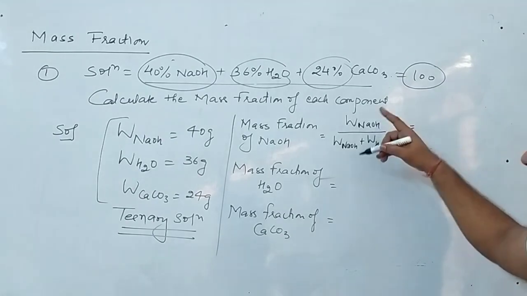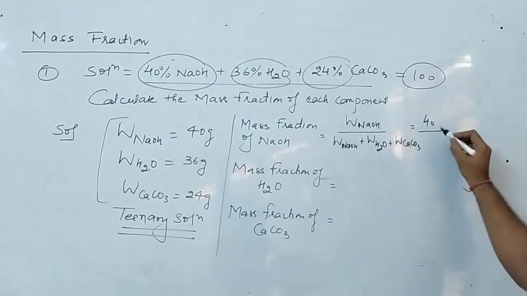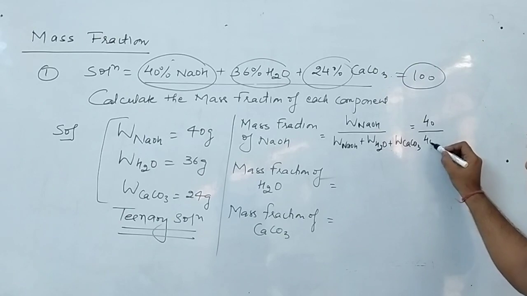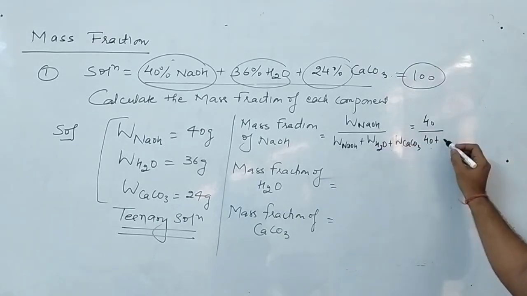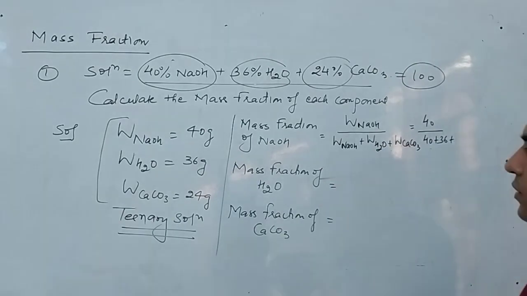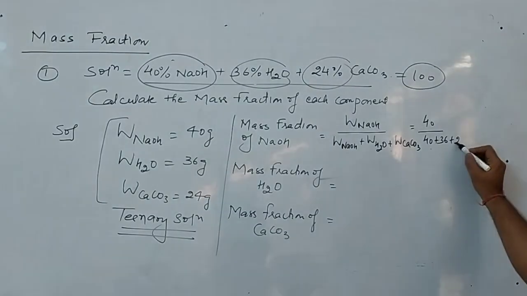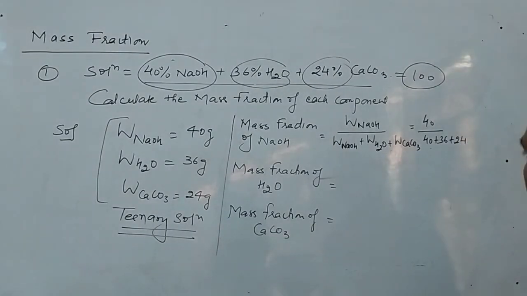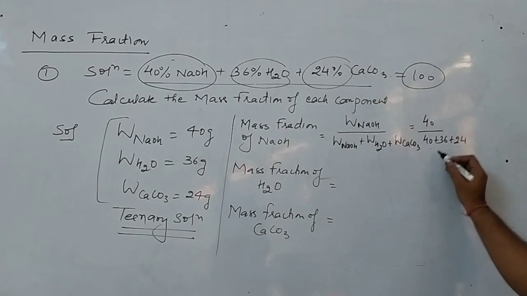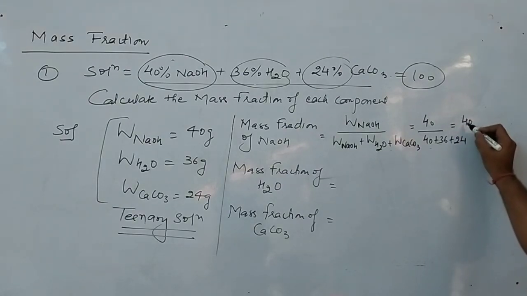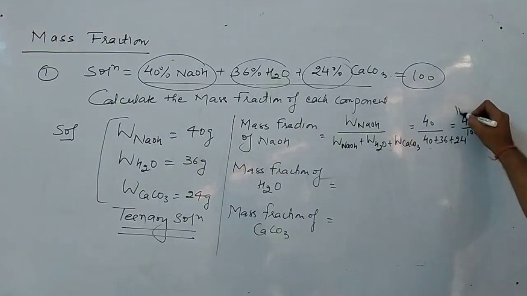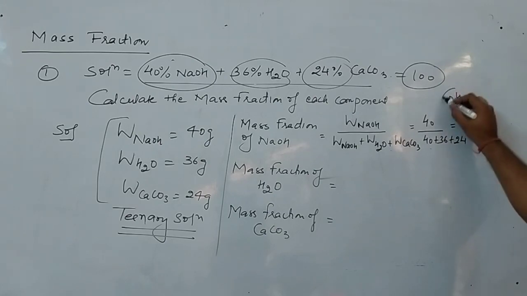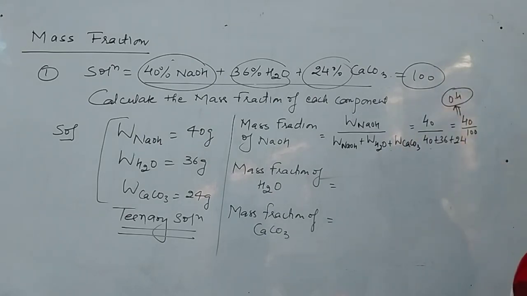On putting, mass of NaOH is 40 upon NaOH 40 plus water 36 plus CaCO3 24. So this will be equal to 40 upon 100 and comes out to be 0.4. Clear to all of you?